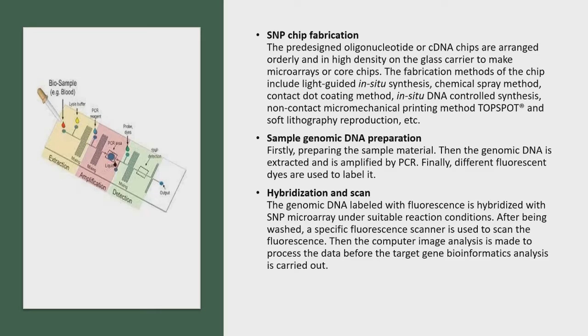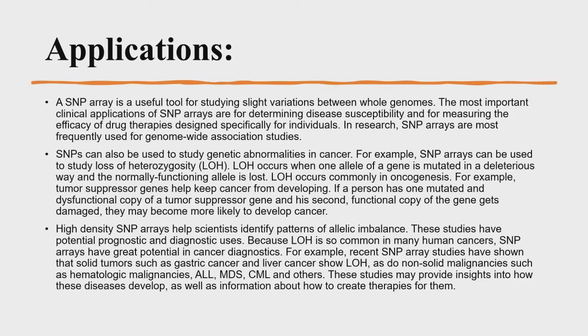The genomic DNA labeled with fluorescence is hybridized with the SNP microarray under suitable conditions. After being washed, a specific fluorescence scanner is used to scan the fluorescence. Then computer image analysis is made to process the data, and target gene bioinformatics analysis is carried out.